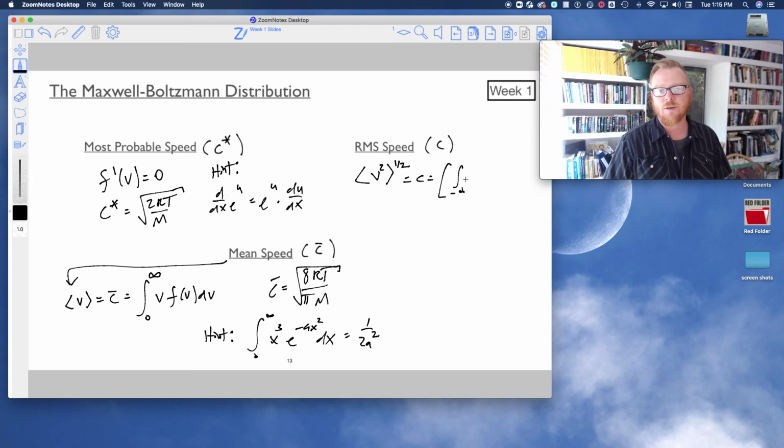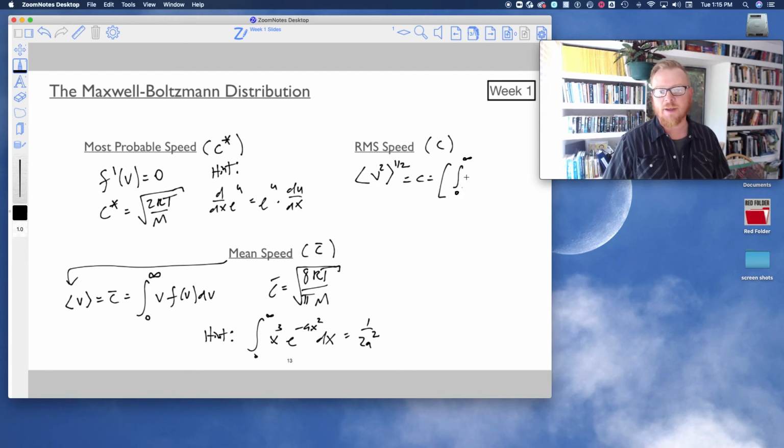the integral, and we can integrate that from 0 to infinity since we don't have anything in the negative velocity ranges. So we wouldn't get any benefit from integrating to negative infinity.